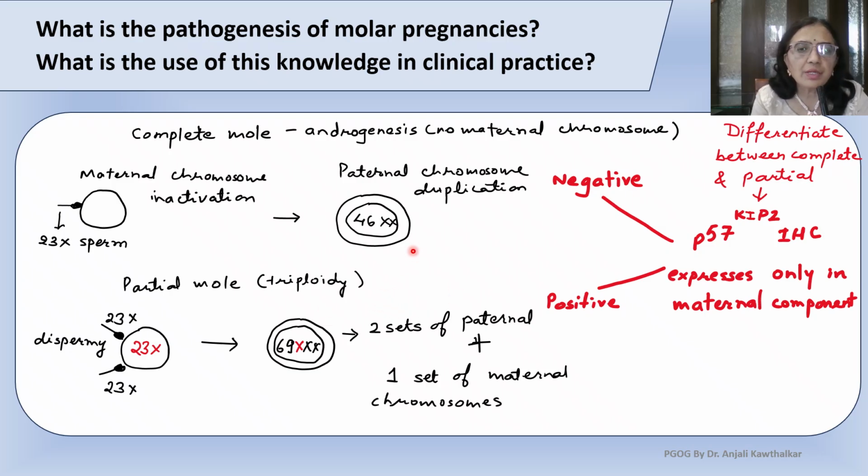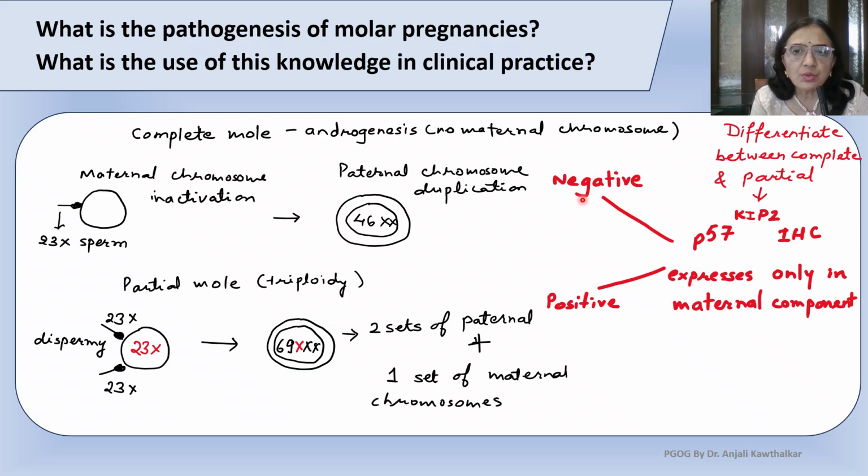Now, what is the practical implication? What is the clinical significance of this knowledge? We can differentiate between complete and partial mole by doing immunohistochemistry. It is called P57 KIP2 immunohistochemistry. This is a protein which is expressed only in the maternal component.